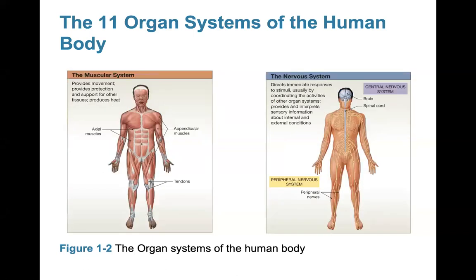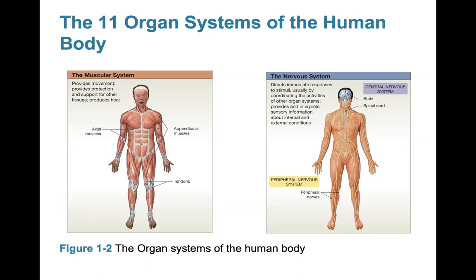The muscular system, this provides movement, it provides protection and support for other tissues, and it also produces heat. This is going to be composed of a specific type of muscle tissue called skeletal muscles. And you can see those here. This will also include tendons and ligaments. The nervous system, this is one of your two major control systems in the body.